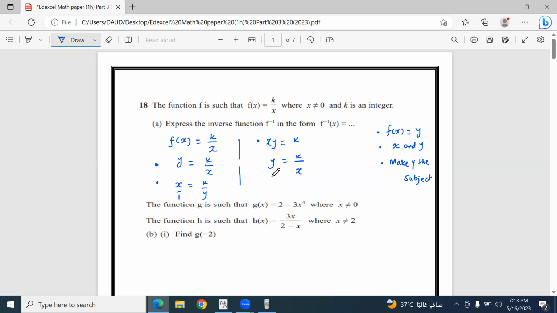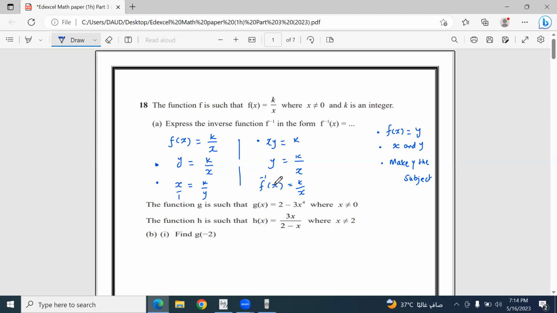So this y represents the inverse function f inverse x, which is equal to k over x. Both f of x and f inverse x have the same answers, so we can say that this is a self-inverse case, but it will happen only in a few cases, not all.